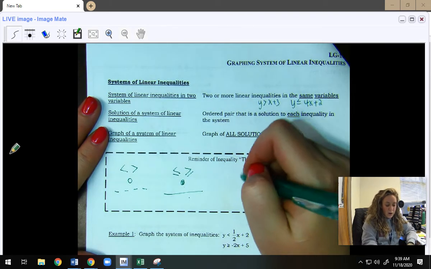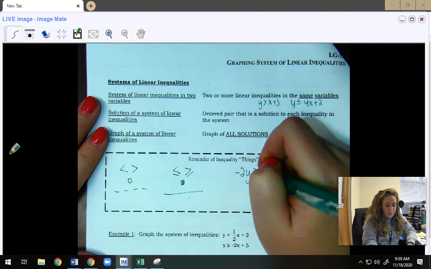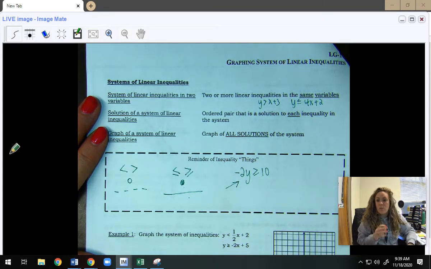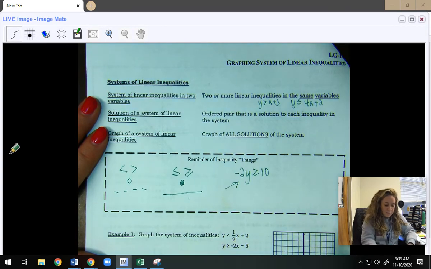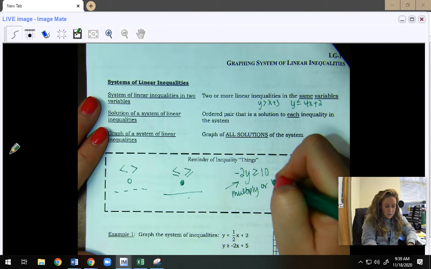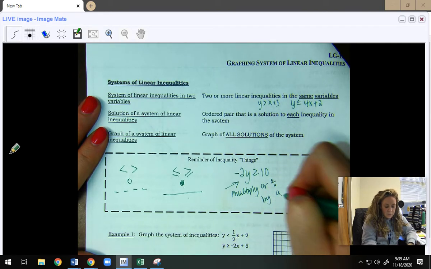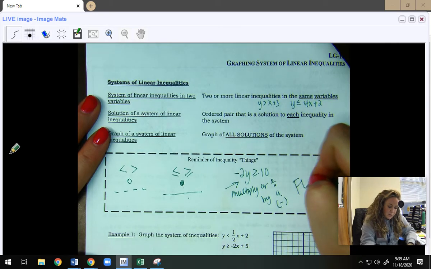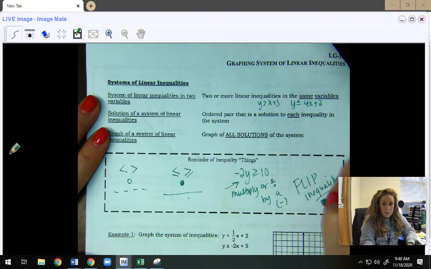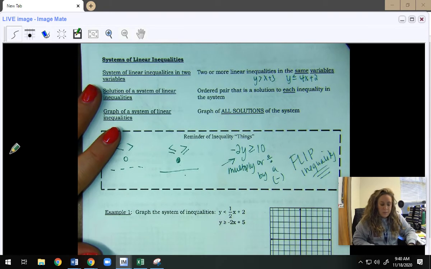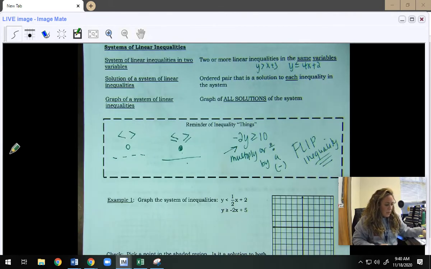Next, when you are at this last step, if you multiply or divide by a negative, you flip that inequality. That's one thing you're probably going to forget, and that's okay. So let's hit it.